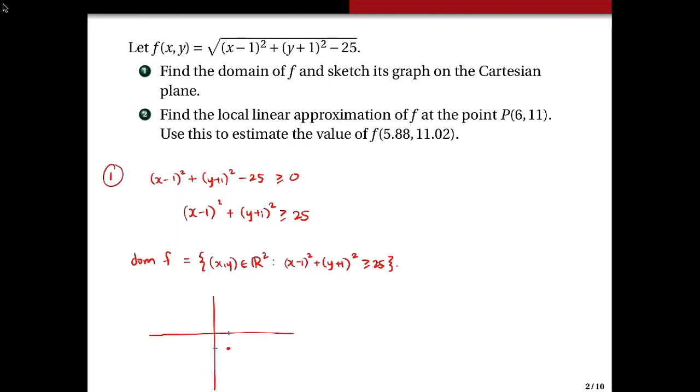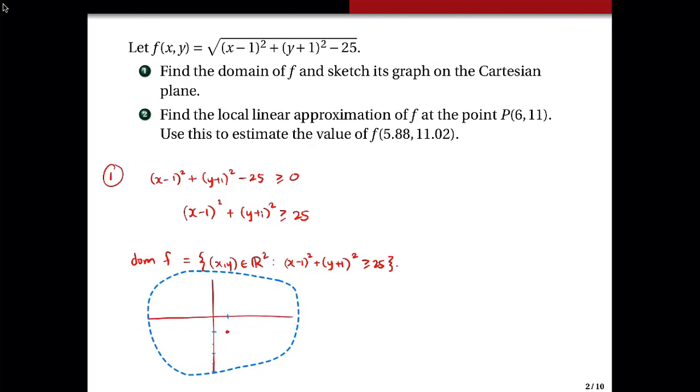Circle of radius 5. So 1, 2, 3, 4. And I don't have enough space in here. Let me adjust this part. You know what? I will put it here.